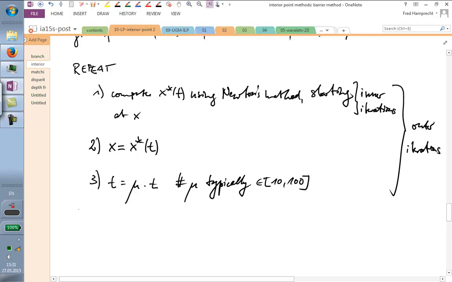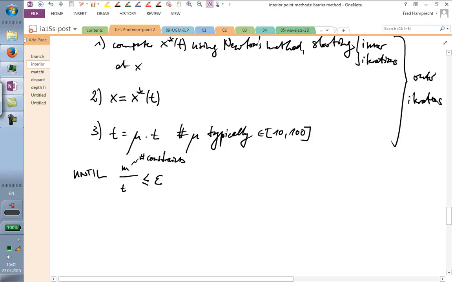Which we repeat until m, which was the number of constraints, divided by t becomes smaller than our tolerance size. Okay, so very simple algorithm.